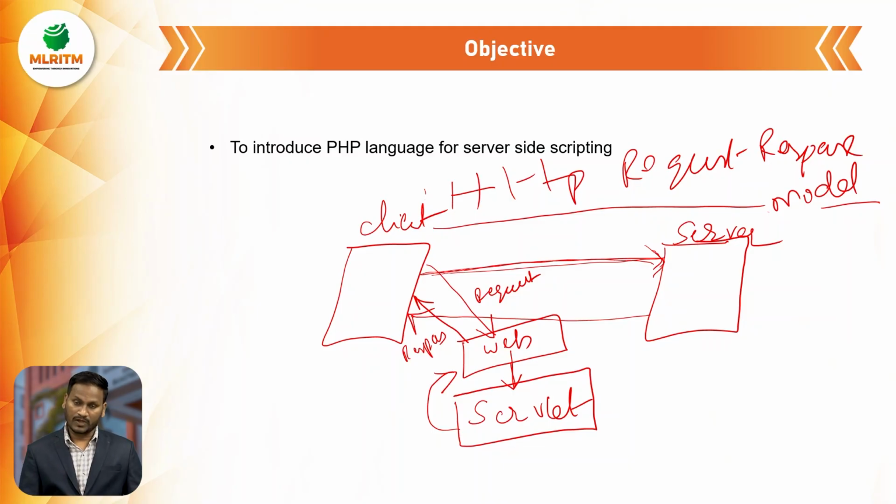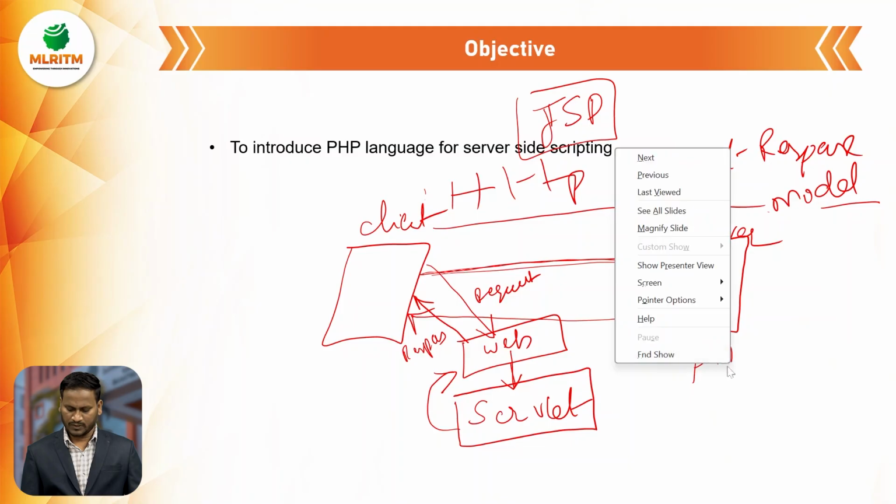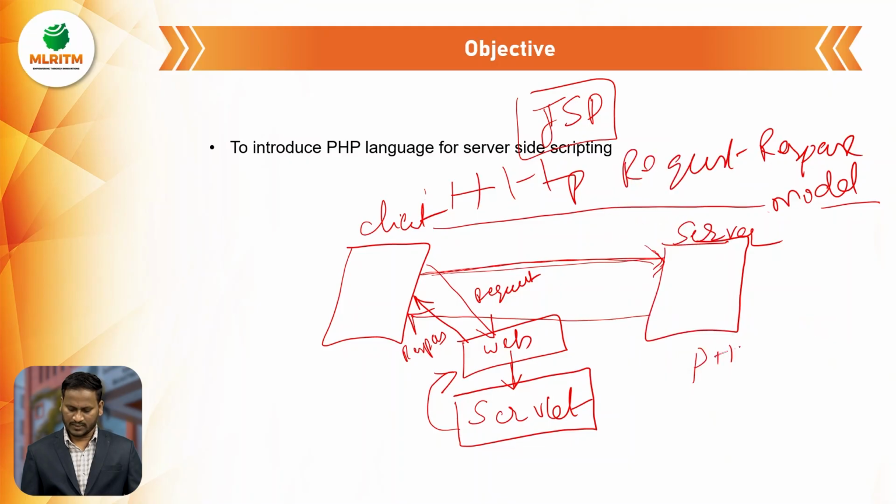After that, one more topic was introduced. It's JSP. JSP means Java Server Page. It is also like a servlet, but an advanced version of servlets. Here, server-side languages we say are PHP, Java, Ruby.